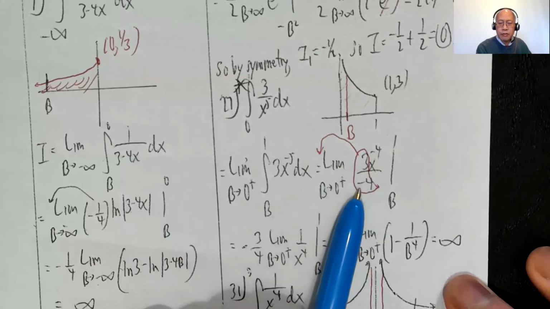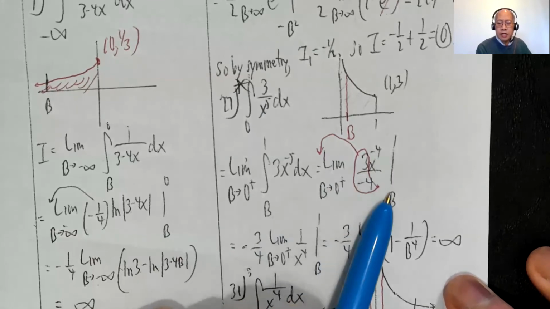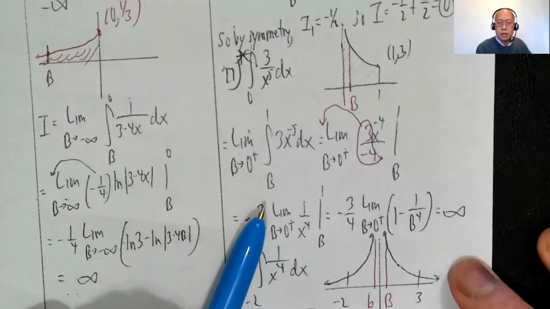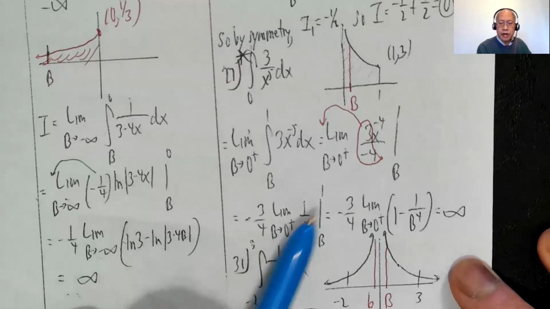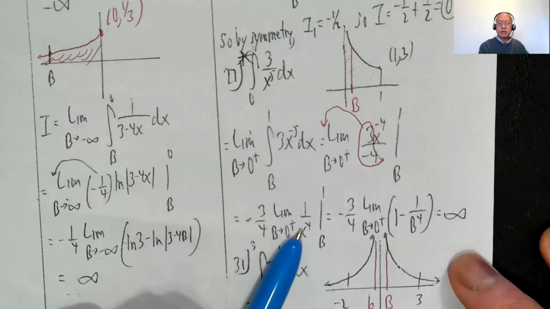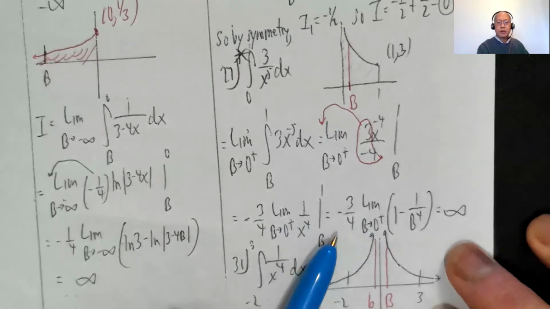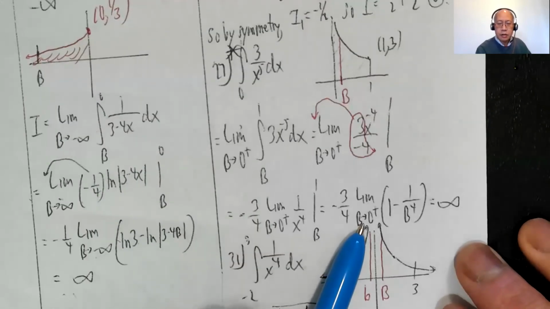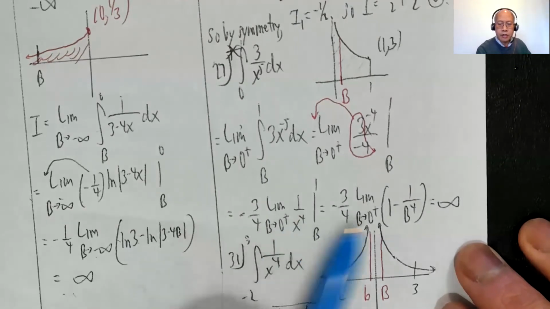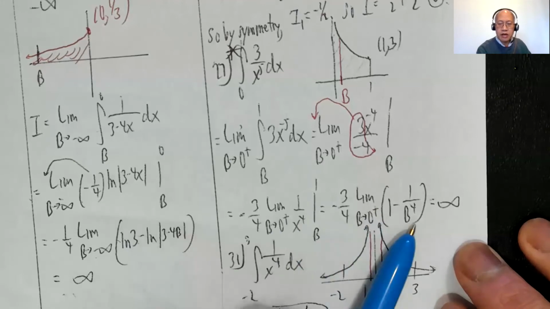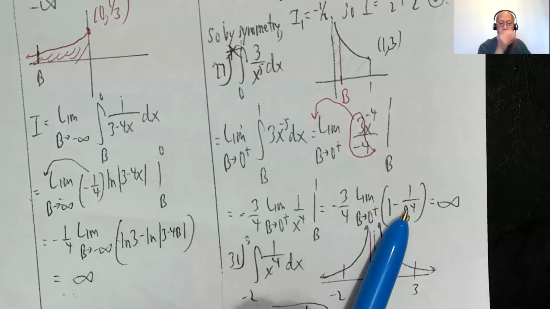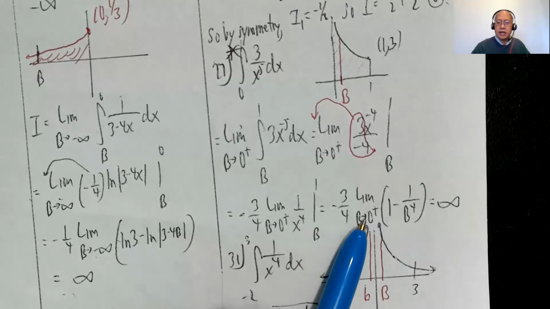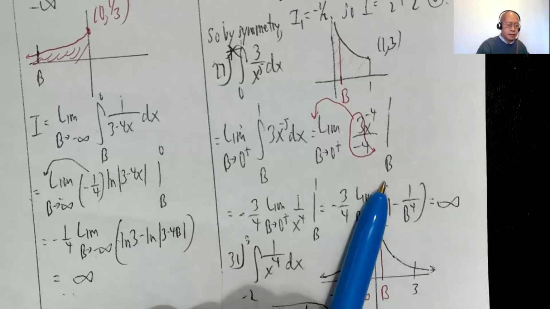Limit b approaches 0 from the right. 3x to the minus 4 over minus 4 from b to 1. Take out the negative 3/4. Limit b approaches 0 from the right. x to the negative 4 means 1 over x to the fourth from b to 1. So negative 3/4, limit b approaches 0 from the right. What do you get when you plug in 1? You get 1. When you plug in b, you have b to the fourth. And now what happens when b gets close to 0, 0.00001?